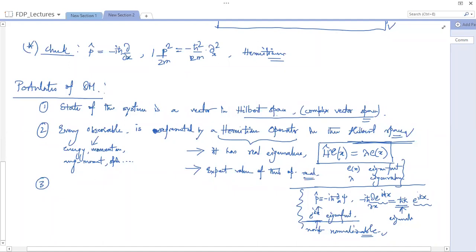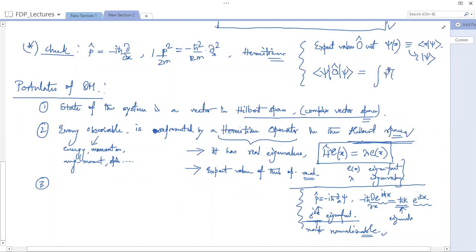It is the expectation value with respect to some state psi of x, let's say, or you can think of it as an abstract psi. It is given by the inner product of psi with the operator O acting on psi, which is nothing but the integral of psi star of x times O acting on psi of x dx, with the same psi. That is the expectation value, and if operator O is Hermitian, the expectation value is always real.